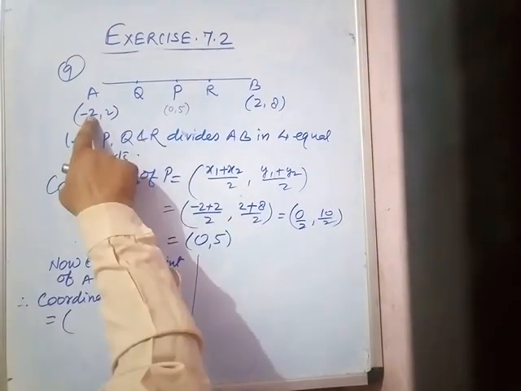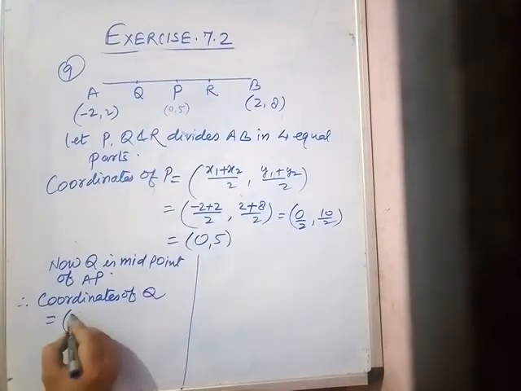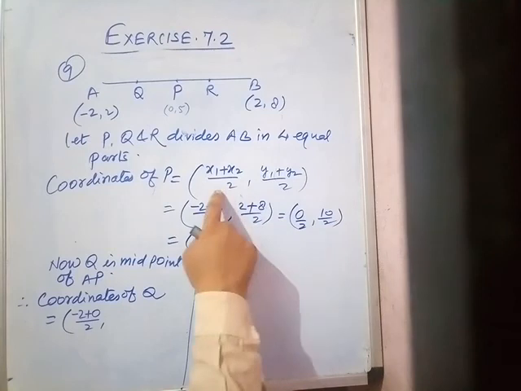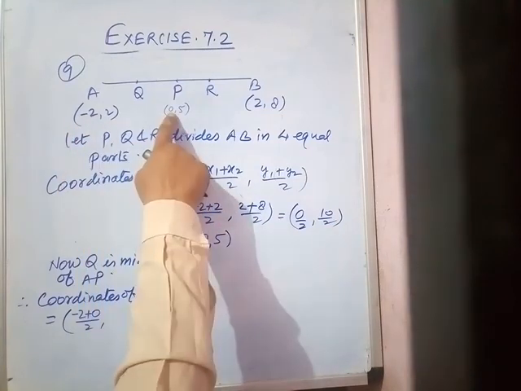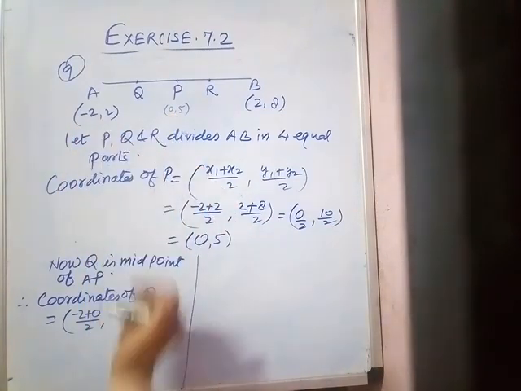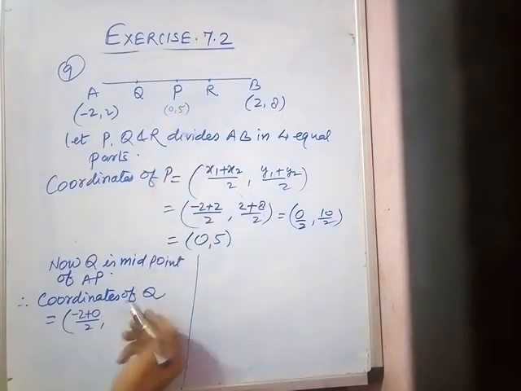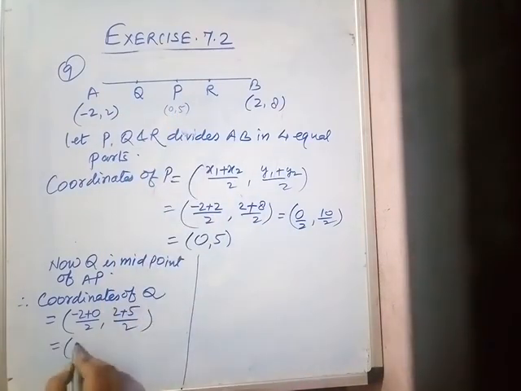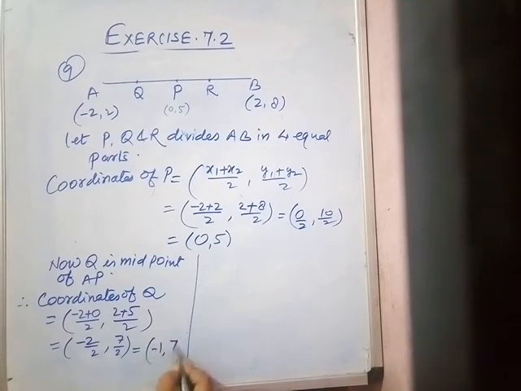By the midpoint formula, (x1 plus x2) upon 2 and (y1 plus y2) upon 2. So it becomes -2 upon 2 and 7 upon 2, that is -1 comma 7 upon 2.